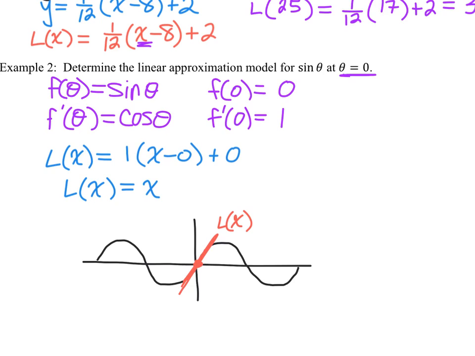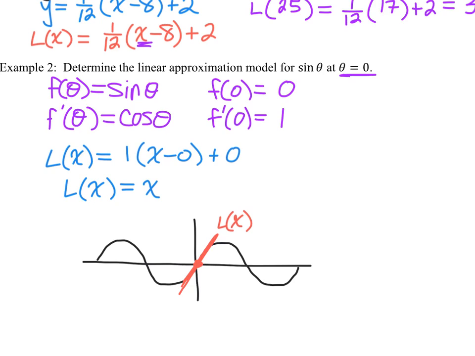So you can test that out pretty easily. Let's say I wanted to find, for example, the sine of 0.2, pretty close to 0. Make sure I'm in the right mode. It's around 0.2. It's the model: whatever x is, y is going to be the same thing.